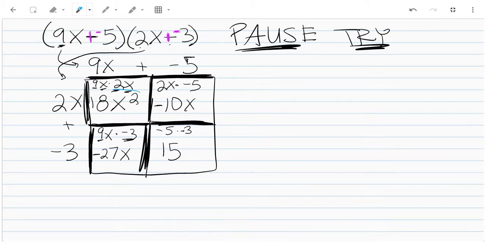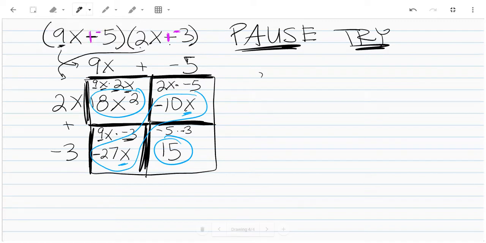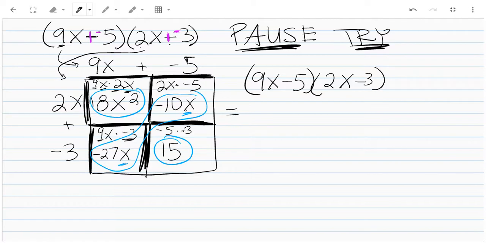So now I'm just going to use a different color. I want to take this and these combined together because they have these x's, they're like terms, and that to get my final answer. And so my final answer would be this. So 9x minus 5 times 2x minus 3 equals 18x squared, and negative 10x minus, or really plus negative 27x.